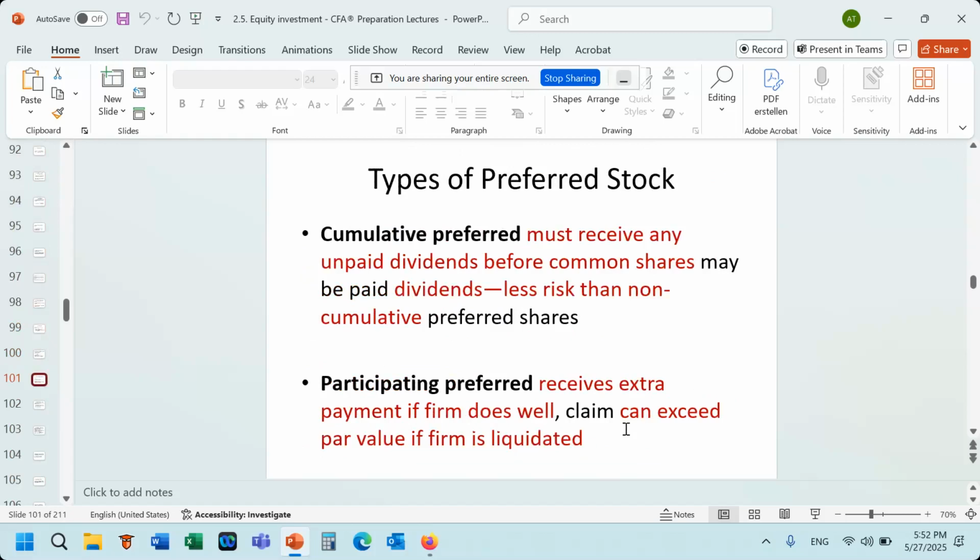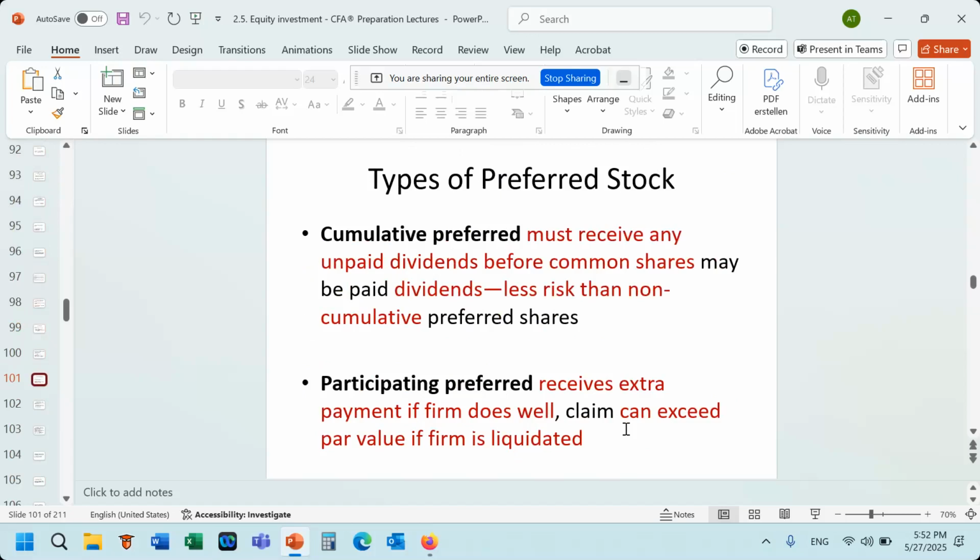As I said before, with some preferred stocks, you have to pay all the past dividends, and we call those cumulative preferred. And if all the unpaid dividends are not paid on cumulative preferred, the company cannot pay the common shares.